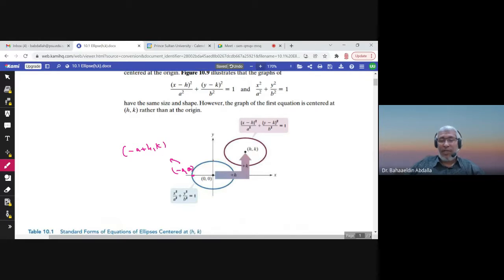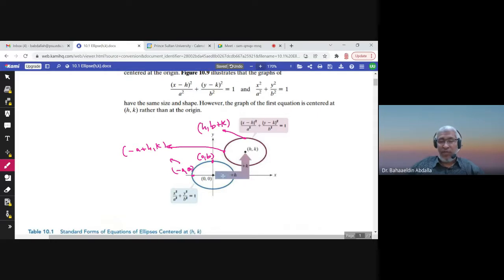So this vertex has these coordinates. The endpoint of the minor axis was 0, b, if you remember. Now, the endpoint of the minor axis here would be what? 0 plus h, which is h, and b plus k. As simple as that.